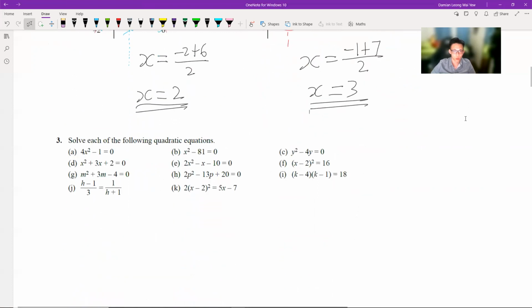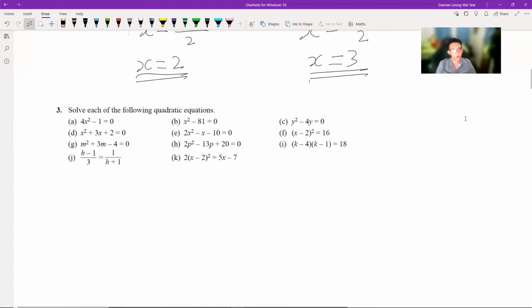Next, question 3. Solve each of the following quadratic equations. So solving quadratic equations, basically what we want to do is factorize it. Put it in your general form and then we factorize it. That's the most common way of doing it.